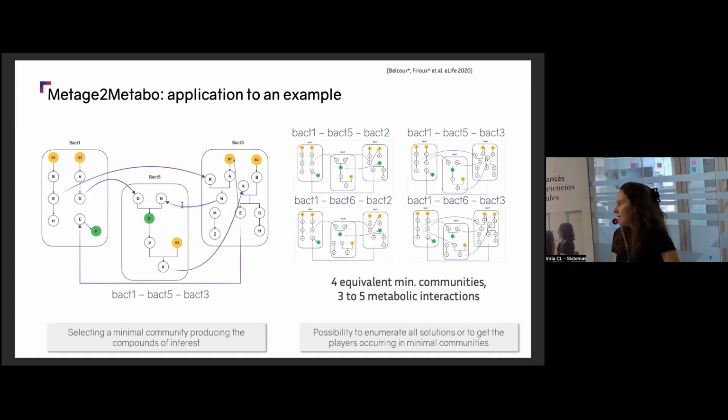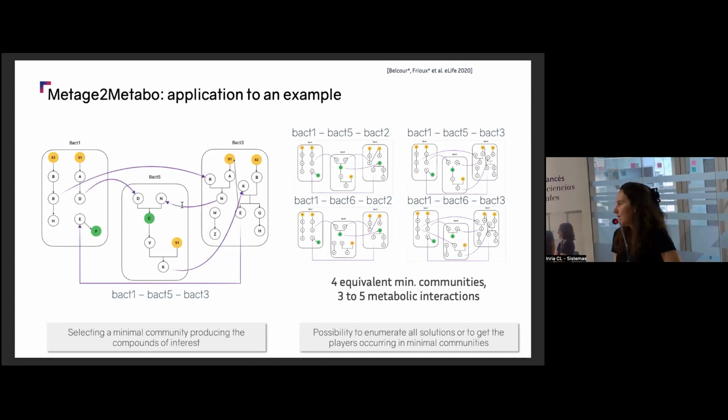We have tools that will highlight which interactions would be needed to sustain the producibility of these compounds. That would be the purple arrows, so exchanges of metabolites across species. But again, a first solution provided by a tool is not necessarily a solution that makes sense biologically.